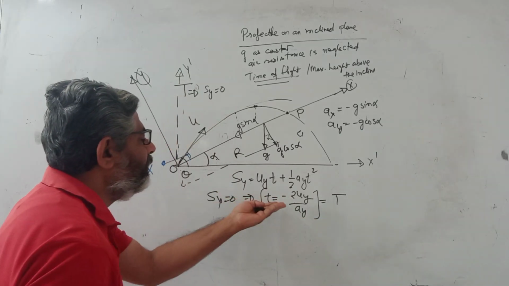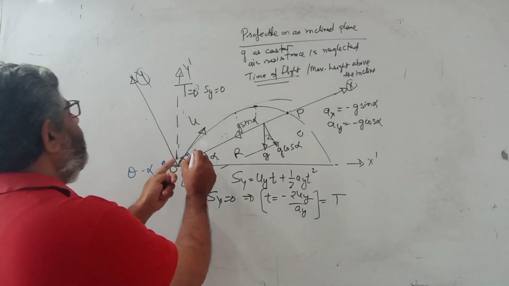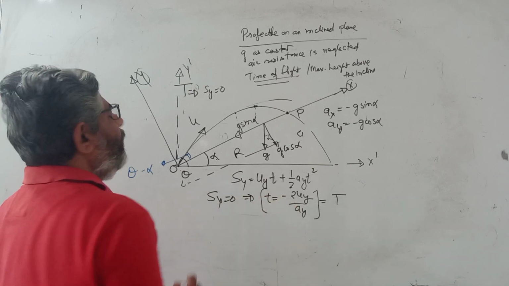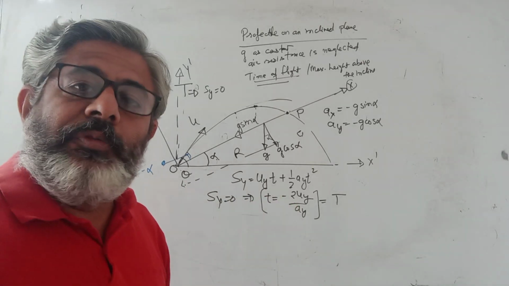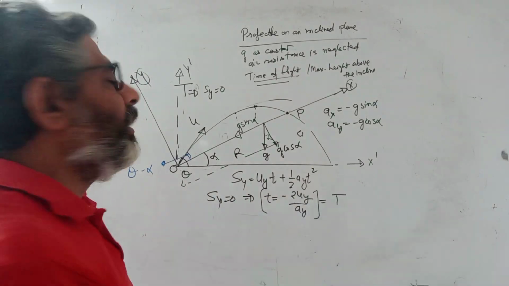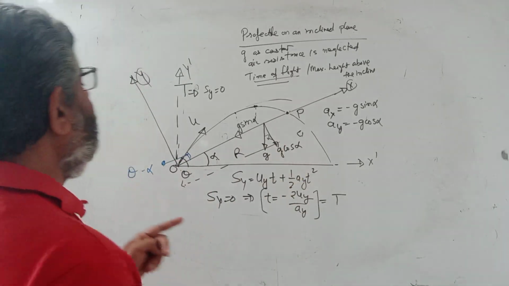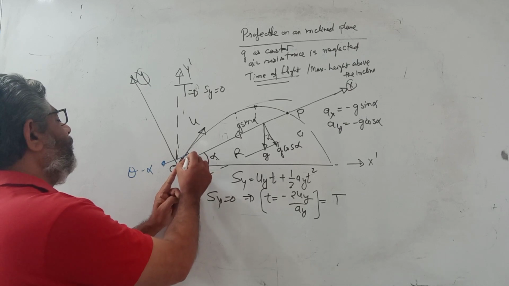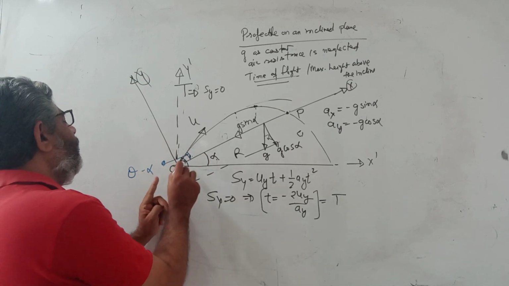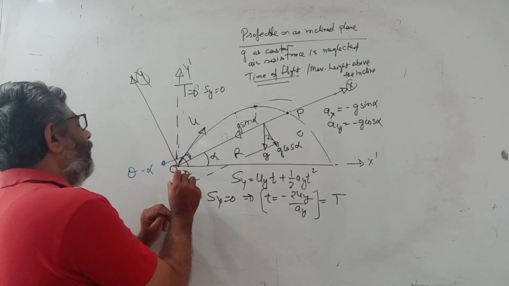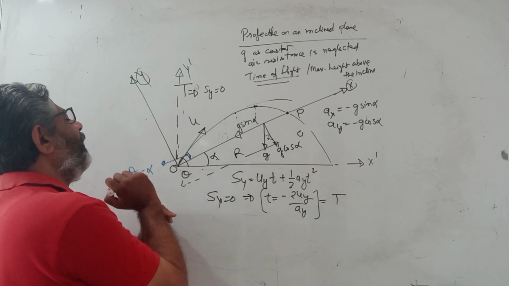So you will ask me, sir, is this negative? No, it will not be negative because you have to see what uy is. Now uy and ux are also not what they were in the horizontal case, because then ux was u cos theta and uy was u sin theta. But now you have to see this angle, and this angle is not theta. This is not even alpha. This angle is theta minus alpha.